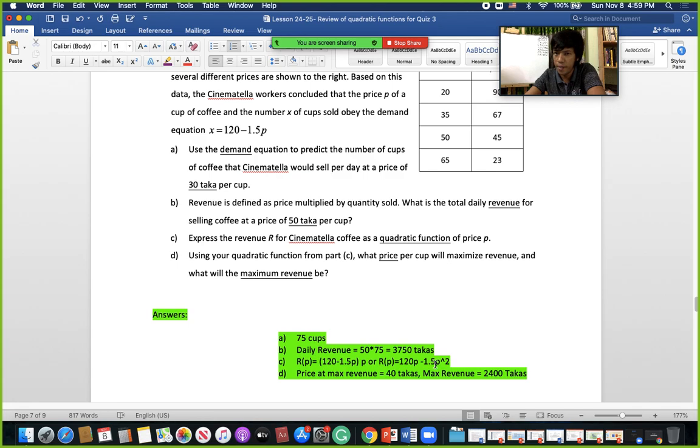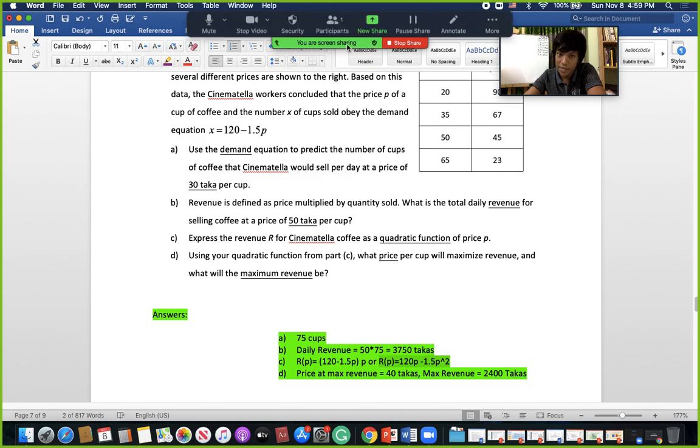But maybe if you write this extra line, it will be helpful for finding the answer of part D for you. So in any case, you have to do this second line. You have to multiply p by 120 minus 1.5p, because in part D you have to find what price per cup will maximize the revenue, and what is the maximum revenue.